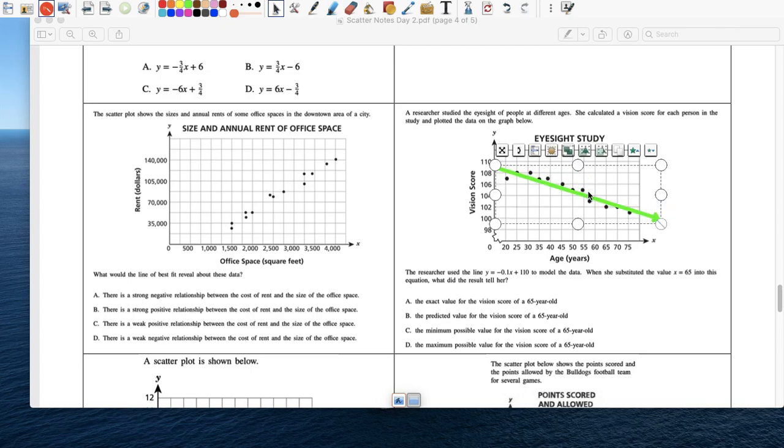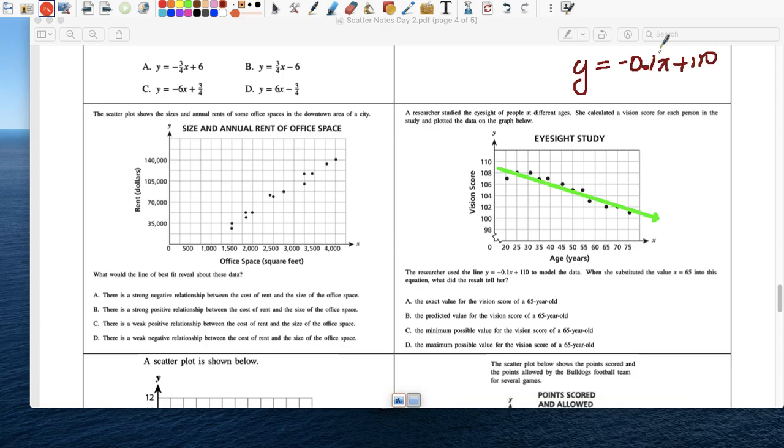And she got an equation. She picked 2 points and wrote an equation. When she substituted the value of 65 into this equation, what did the result tell us? Her equation is y equals negative 0.1x plus 1/10.